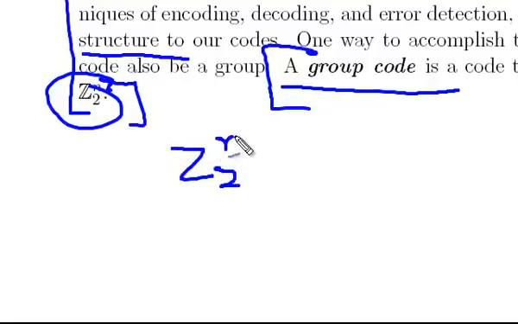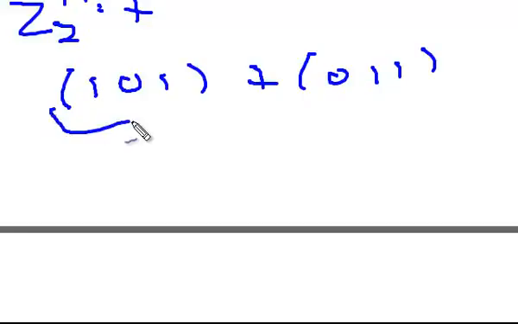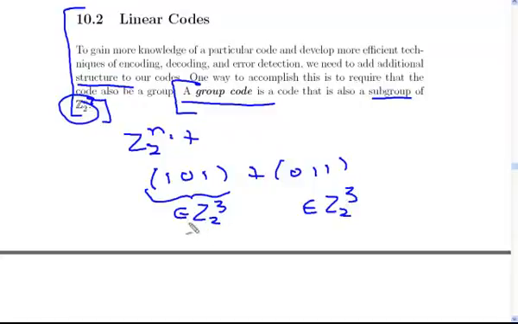Z2^n has operation plus. For instance, I can take 1, 0, 1 plus 0, 1, 1. Okay, this thing here is an element of Z2^3. This is also an element of Z2^3. Now, of course, if you're going to add two code words, they must be in the same space. So these are both in the same space.